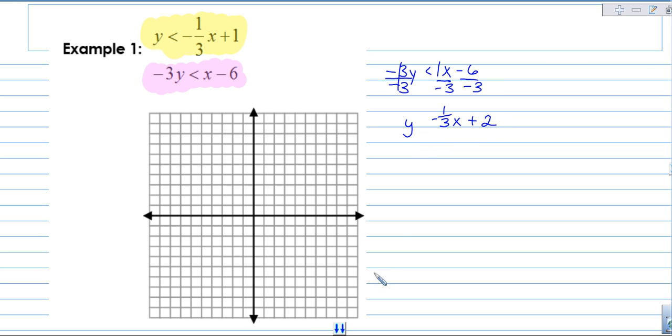The key here is to remember that when you divide all sides by a negative, the sign will actually change directions, leaving us with this inequality. And so this will be my new pink line, or my red line.